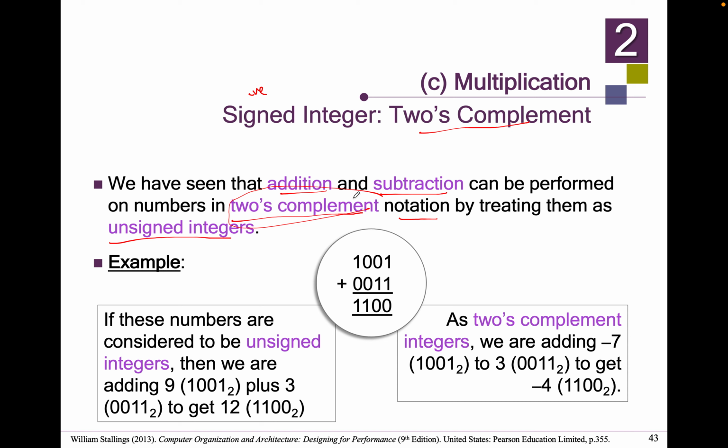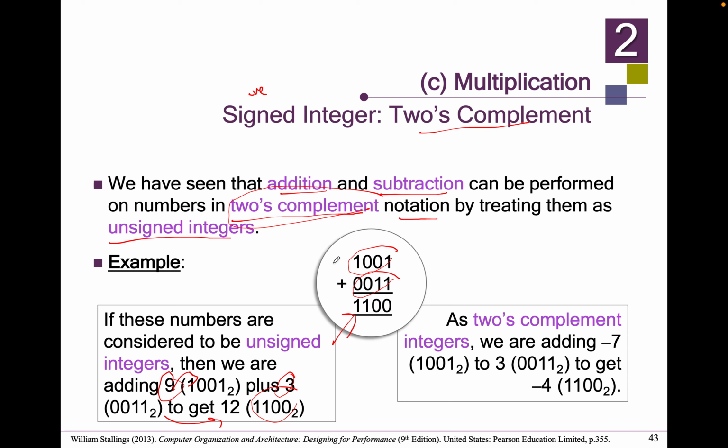After we apply the two's complement, if these numbers are considered to be unsigned integers, then we are adding 9 plus 3 to get 12.